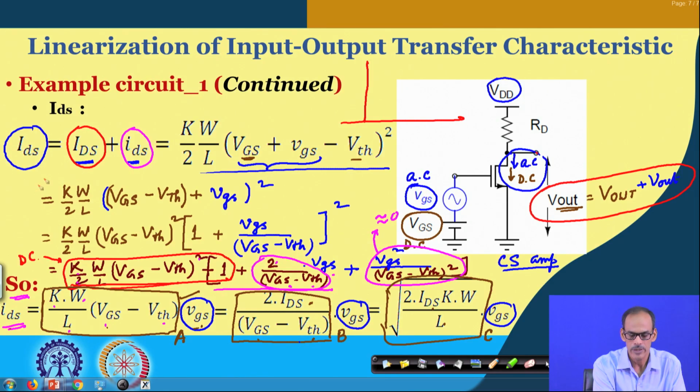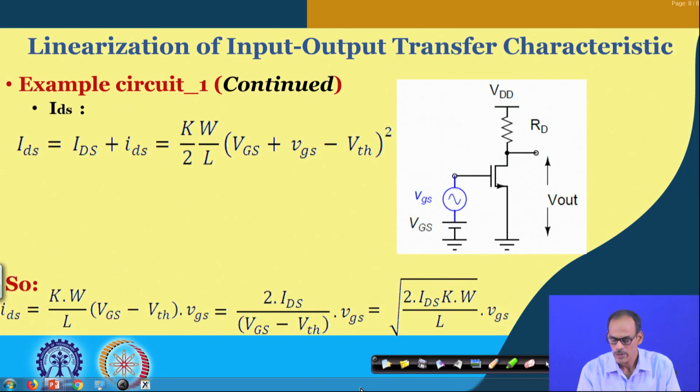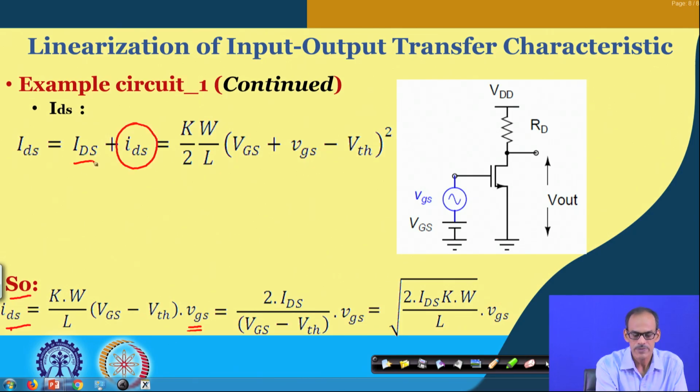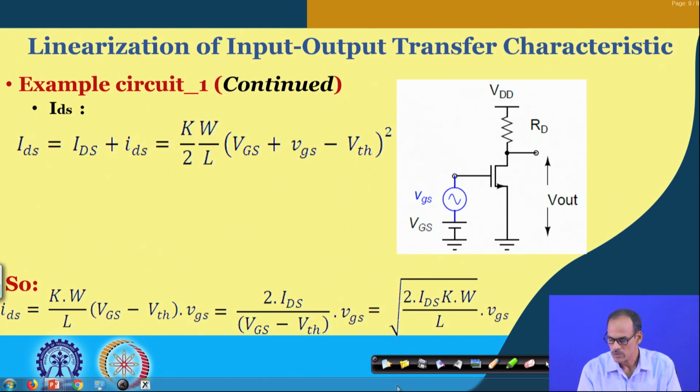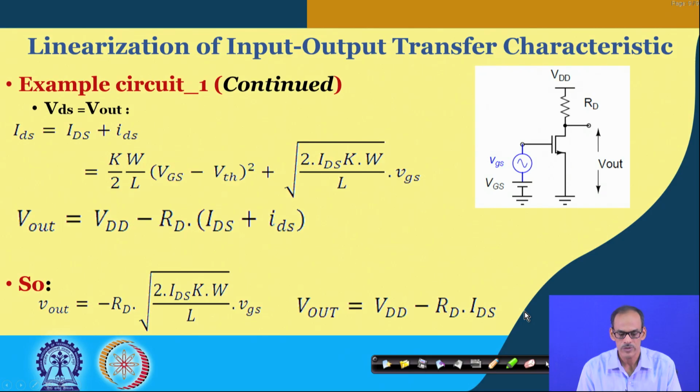You may keep this information in mind, and we will be making use of that. As I said, this is what we obtain, the expression of small IDS in terms of VGS, and the expression of capital IDS we already know. So, let us see how we find the corresponding output voltage.